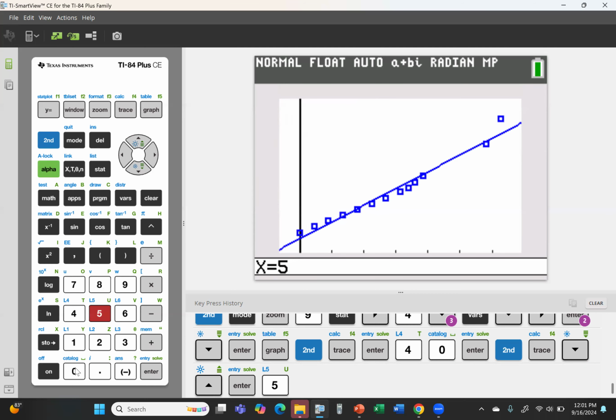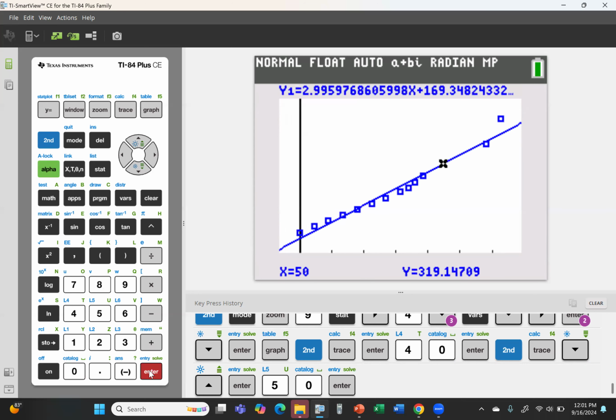Now, if you still have the other data in your calculator, you would be aligned from 1950. So 2010 would be 60. So if you calculated on your calculator right now, you'd calculate for X is equal to 60. Do you get 319,000? Is that what you got? Is that what you got?